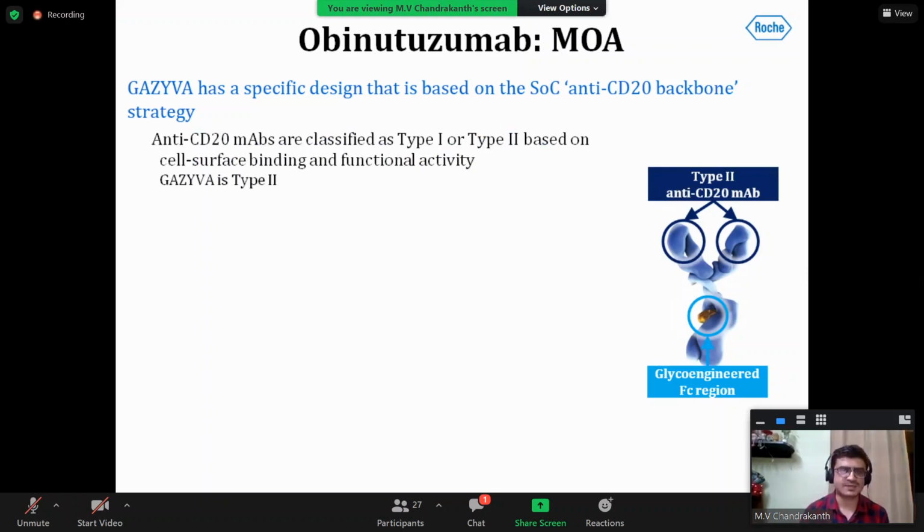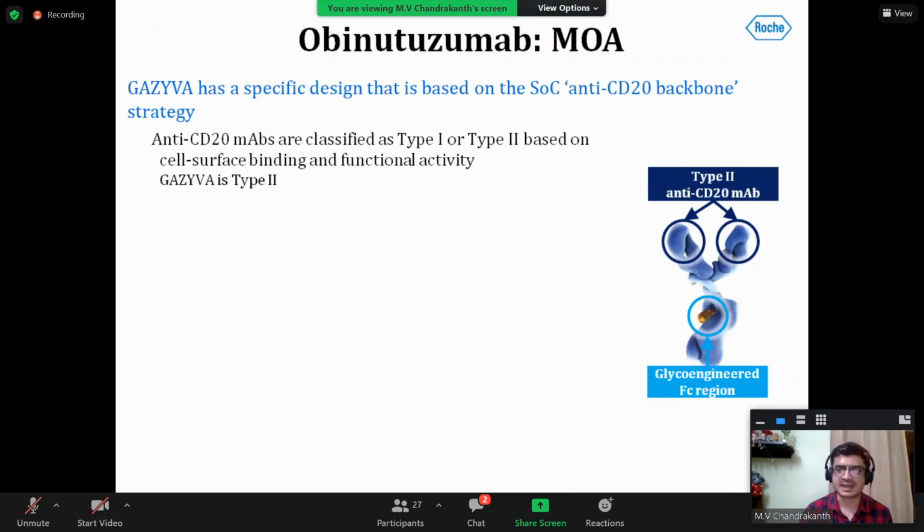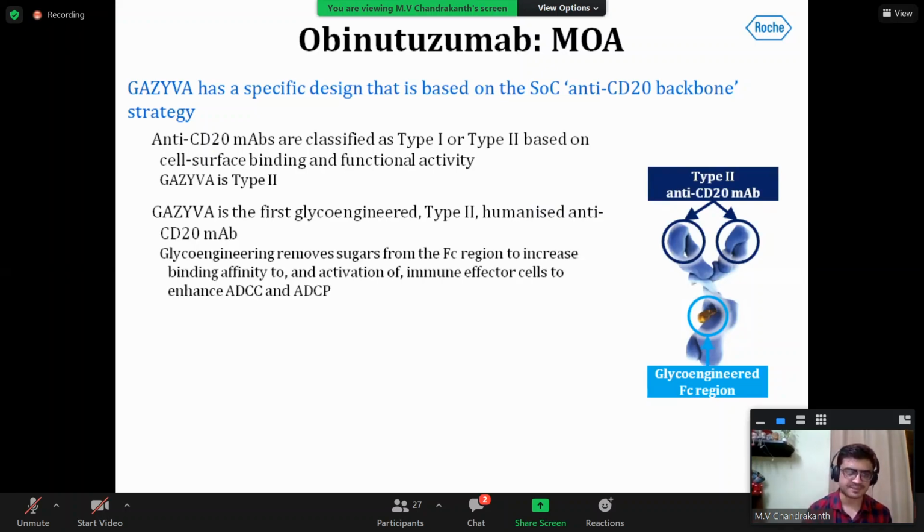The anti-CD20 monoclonal antibodies are classified as type 1 or type 2 based on cell surface binding and functional activity. Obinutuzumab is a type 2 humanized monoclonal antibody, and you can see on the right side the picture of how the glyco-engineering has been done in the Fc portion of the monoclonal antibody.